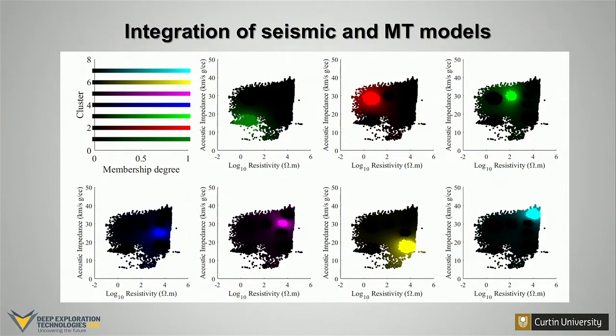The black shows the small membership degree, and the colorful area shows the high membership degree. So we see that we can divide the data into different units related to the resistivity and acoustic impedance.